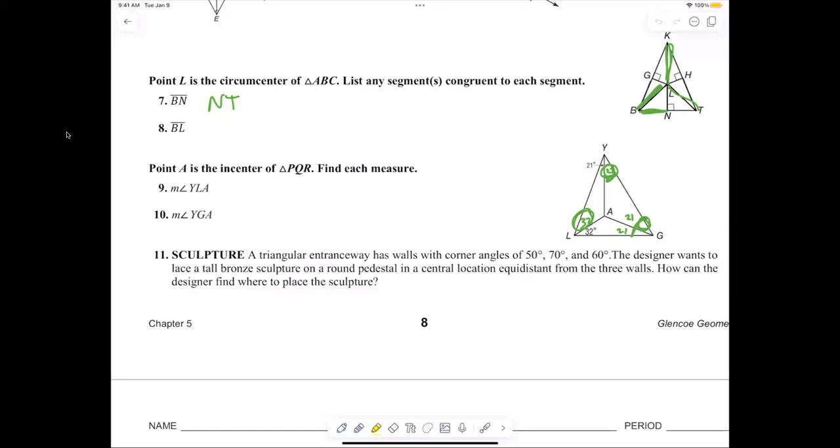That is the important concept you need to remember. Circumcenter, equidistant from the vertices. Three perpendicular bisectors do not have to travel through the vertices of the triangle.